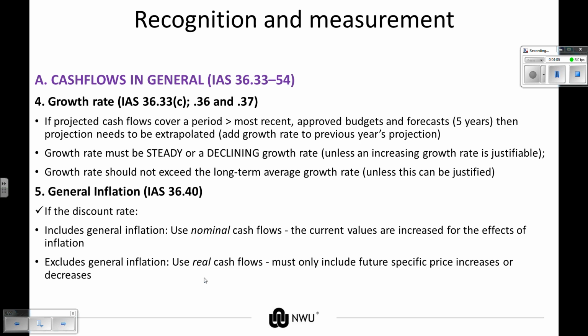So very important to remember, if we use nominal cash flows, the discount rate must also reflect the effects of inflation, as nominal will include inflation. Real cash flows, discount rate should not reflect the effects of inflation, as the real cash flows will also exclude inflation.